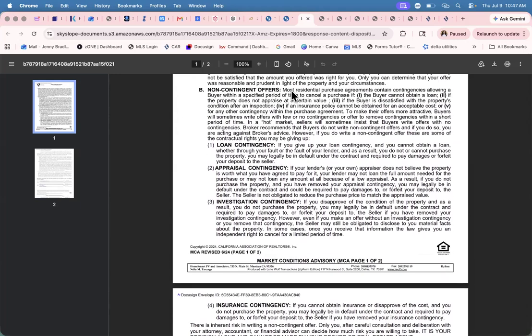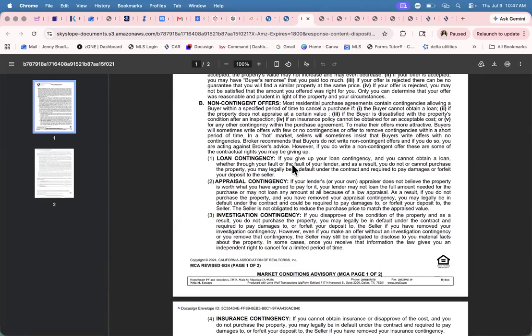So these are for non-contingent offers too. Most residential purchase agreements contain contingencies, allowing a buyer within a specific period of time to cancel the purchase. So if you're removing your contingencies, then you cannot obtain a loan, whether through your fault or the fault of the lender. Even if your buyer has a loan, never remove the loan contingency, never.